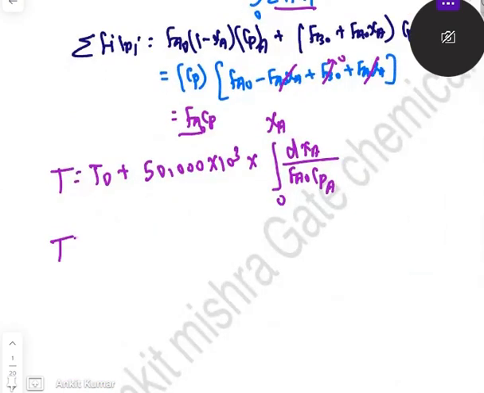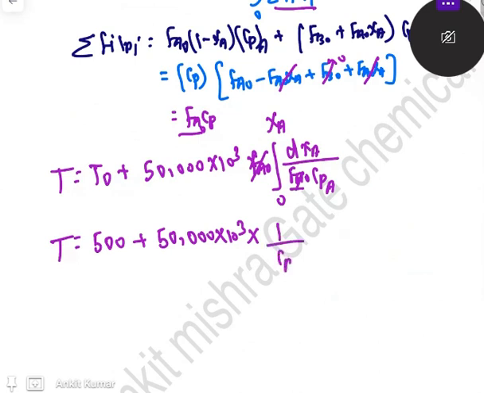So now you can substitute T equals 500 plus 50,000 multiplied with 10 to the power 3 multiplied with dXa. All of these are constant. Again there is a Fa naught here, so Fa naught is constant and it will get cancelled out. And again Cp is constant, so 1 upon Cp of A will be taken common. And you can say the integration of dXa is Xa only, that's it.